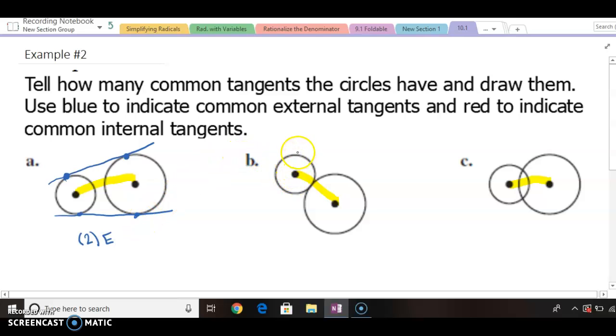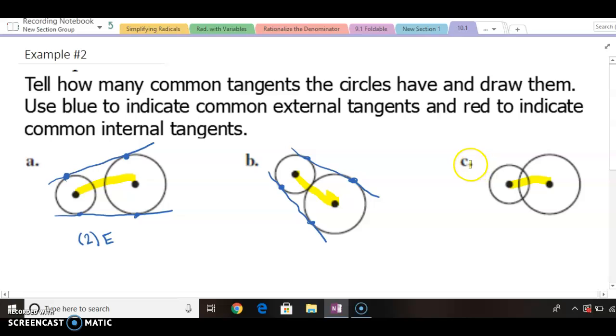Okay, and on B, it would be the same way. If I can draw a straight line. Let me try that again. So it'd have to be slanted a bit. So here and here would be one. And then here's another common external tangent. And once again, these are common externals because they do not intersect this line.